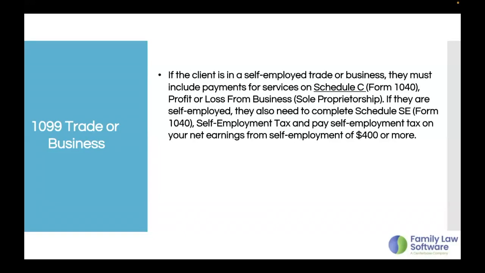That is wrong. So if your client receives a 1099, but they have expenses, or they're a business and they're receiving 1099s, what you're going to see, the buzzword when you look at their personal taxes, is they're going to file a Schedule C.